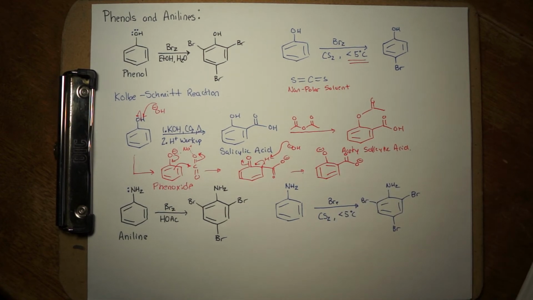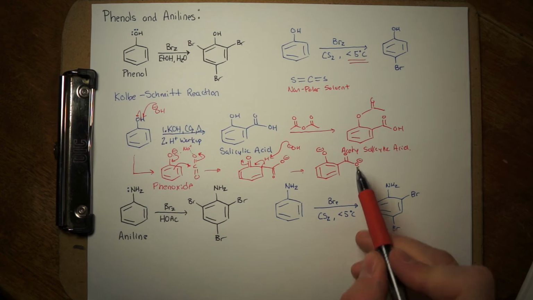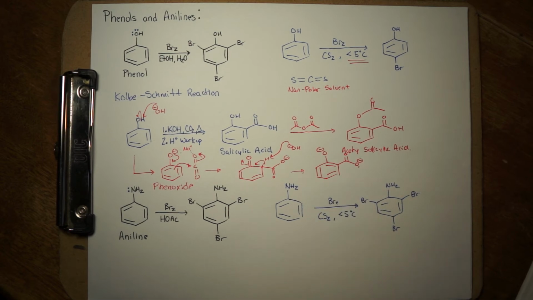And then when we work this up with acid, we'll protonate the carboxylic acid, and we will protonate the phenol. Right? So this was actually used on an industrial scale. It's a very good reaction. You really have to heat it up. It helps to also use high pressure carbon dioxide. But it was a reaction that helped in the production of aspirin as a medicine.